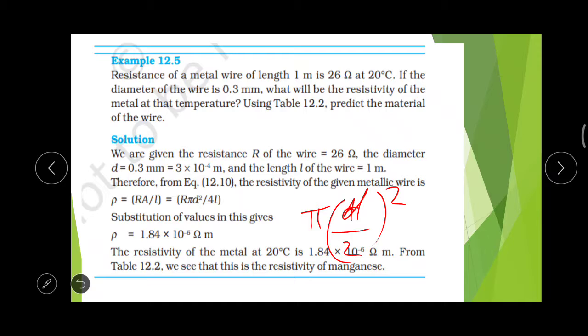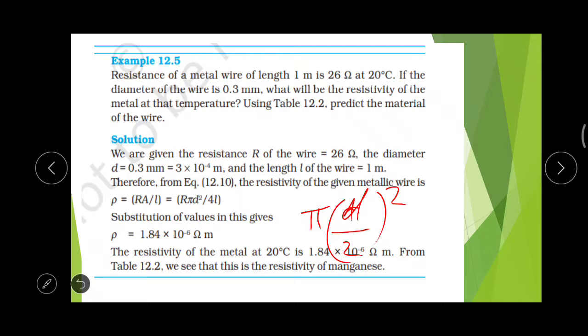So in such a way, in your textbook that is given. Then the equation will be R into pi D square by 4, where capital R is the resistance value and pi D square by 4 is the area of cross section, divided by L. So in such a way it is given.